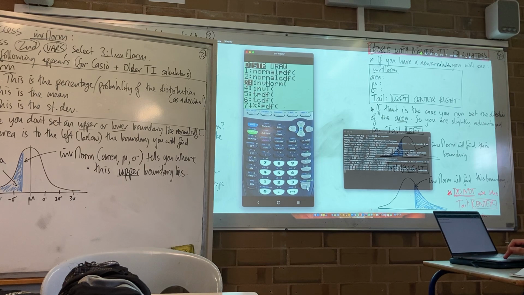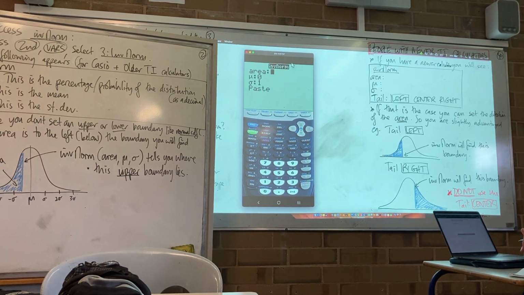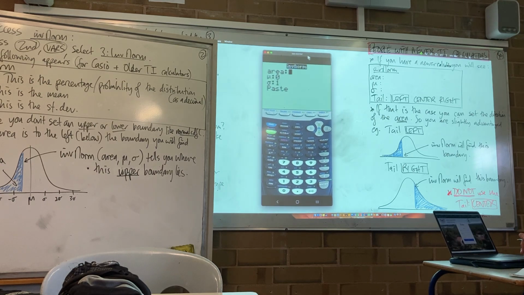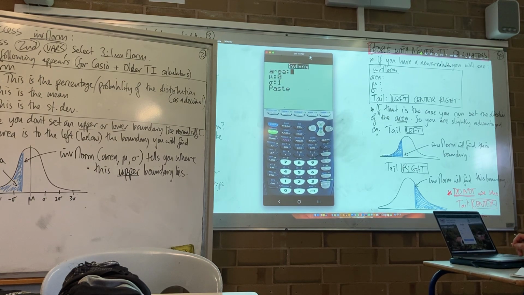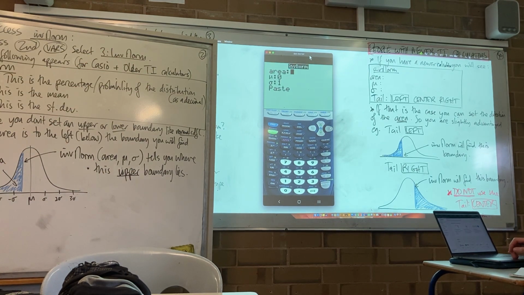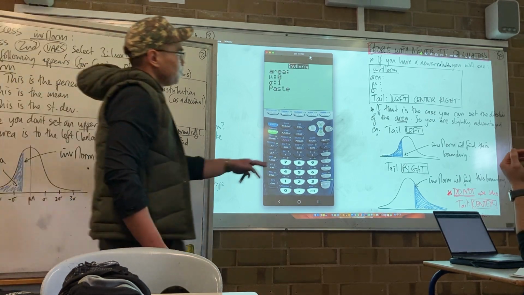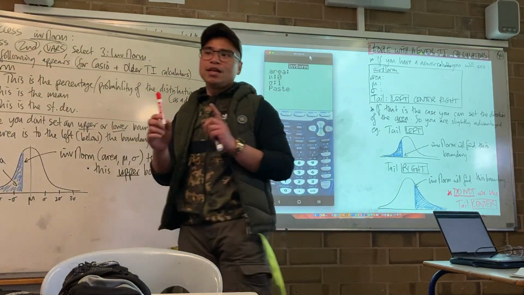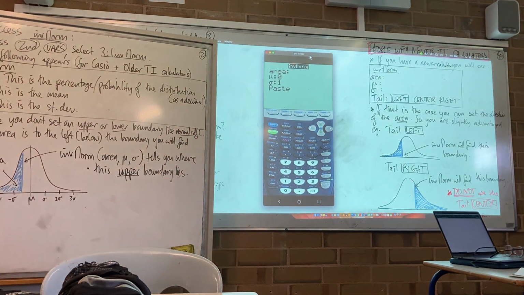I have an older calculator that I'm demonstrating this on, so all I see is this. If you have a newer calculator that says something about a tail, I have instructions for you right at the end. You're slightly advantaged by that. Just for now, while you're listening to my explanation, if you have a newer calculator that says something about tail, can you just set it to left for now, so you can follow along with us?